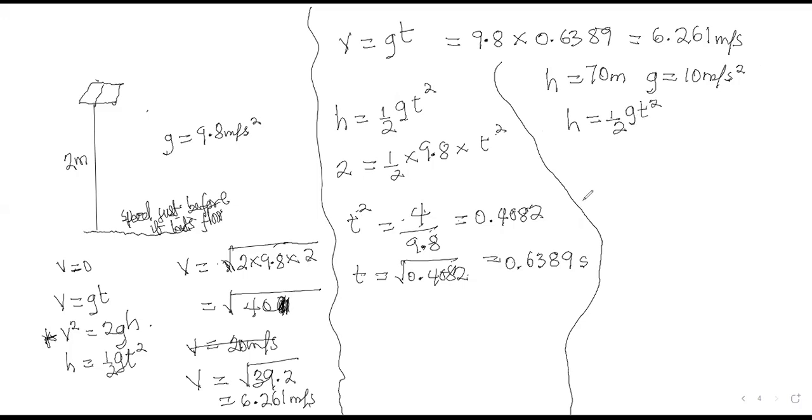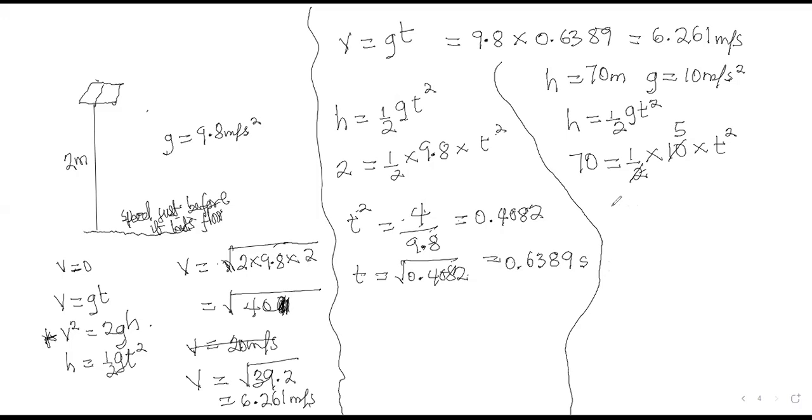So if this is what I'm using, h is 70, g value is 10, times t squared, so this is 5.